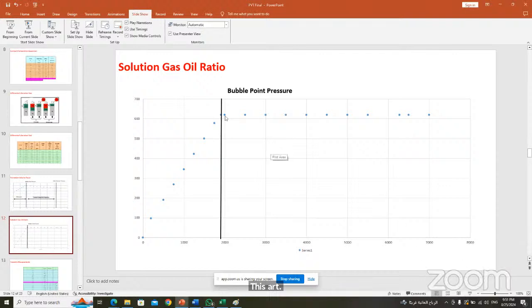Okay, for the Rs, the Rs curve represents the amount of gas dissolved in the oil.